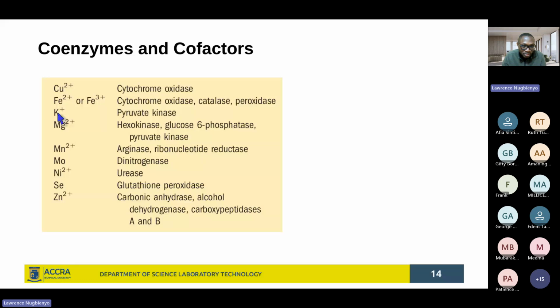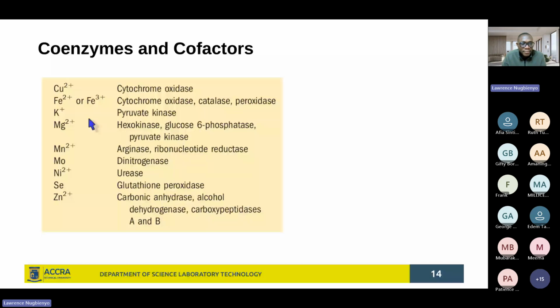Potassium ion serves as cofactor to pyruvate kinase. I think we saw pyruvate kinase somewhere. So a kinase, you have seen that name again, will be involved in the transfer of phosphate group onto pyruvate.